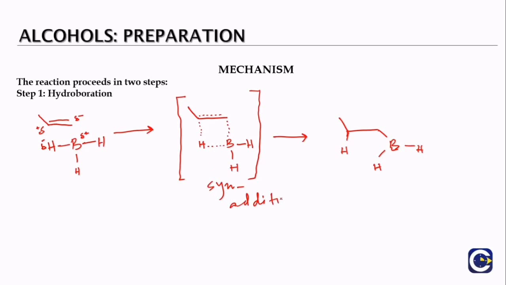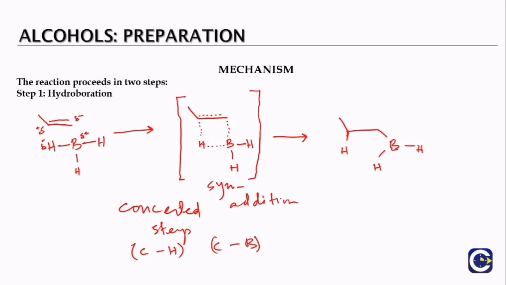Why is the addition syn? Because this first step of the mechanism, the hydroboration step, is a concerted step. That is, the making of the CH bond and the making of the CB bond, these two bonds develop simultaneously.